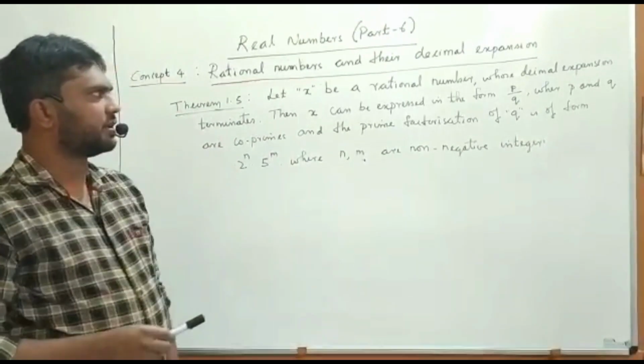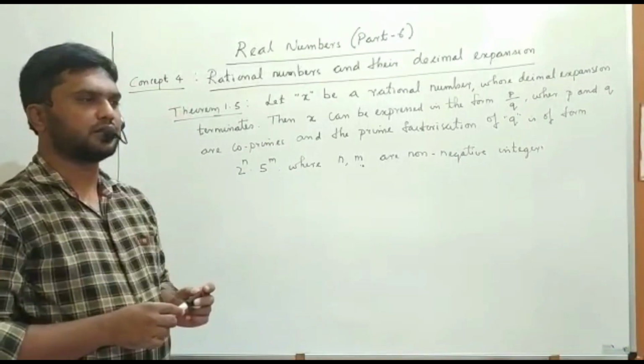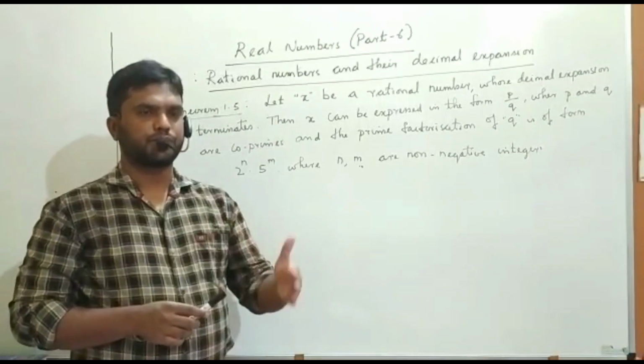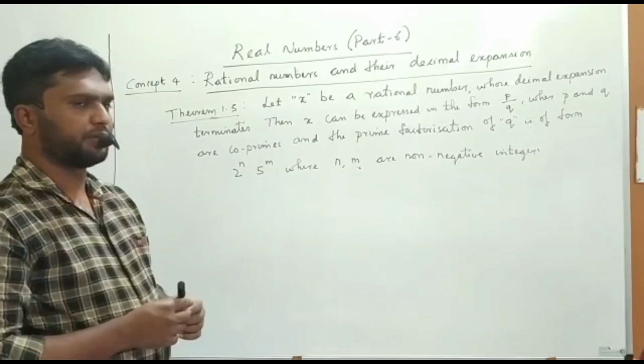Let x be a rational number whose decimal expansion terminates. Terminates means it stops. Then x can be expressed in the form p by q.